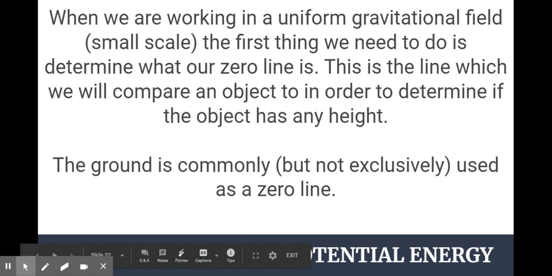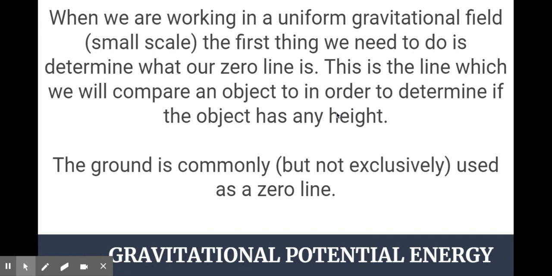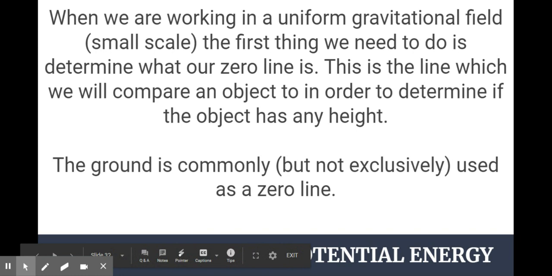When we're looking at a uniform gravitational field, a small scale, the first thing we have to determine is, what is our zero line? Where are we going to call 0? What are we going to compare the height to? We have to have something to compare it to know if the object has height. This line is the line that we compare to. We call it the 0 line. The ground is a commonly used 0 line, but it's not always used. It really just depends on the situation. It depends on the problem.